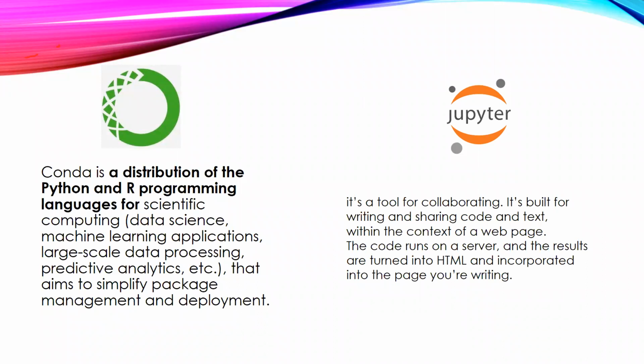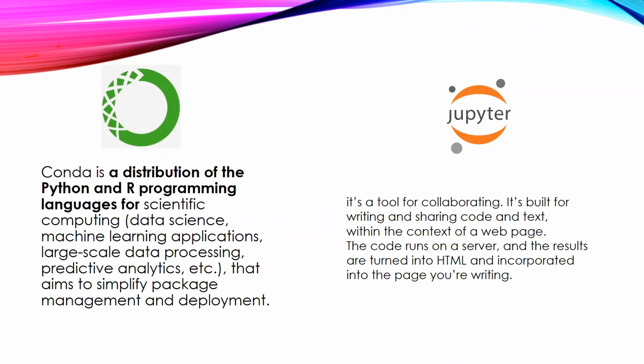So all you need is to install Anaconda. Anaconda is a distribution of Python and R, because both are used for data science and scientific computing. Miniconda is a miniature version of Anaconda. So for you guys to learn, Miniconda is easy to install and start working on.